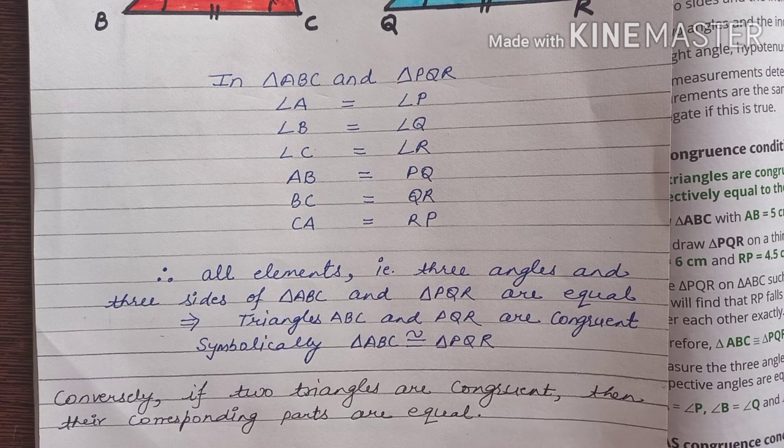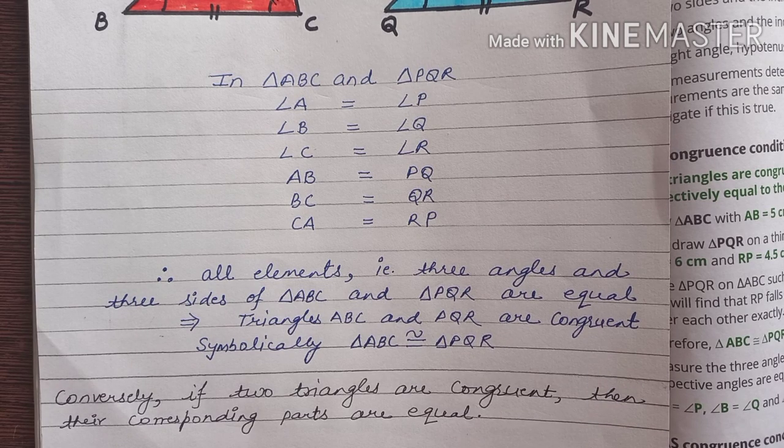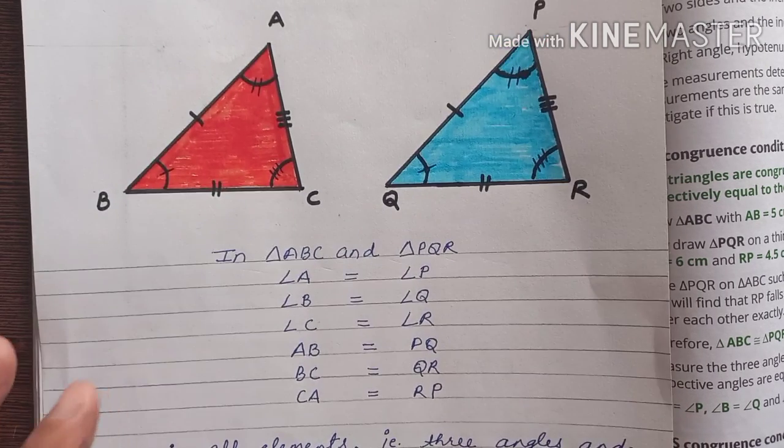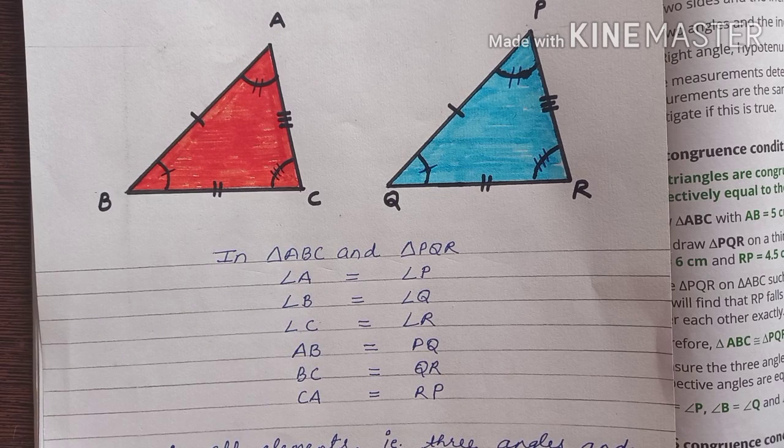And the converse is also true. That means if two triangles are congruent, then their corresponding parts are equal. Corresponding parts means the parts which superimpose exactly on the other.